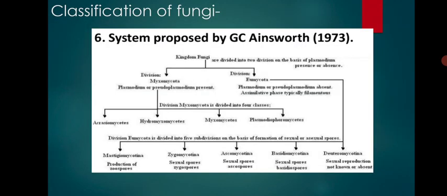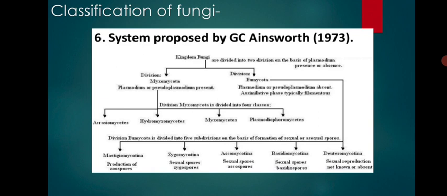Classification of fungi. The kingdom fungi is divided into two divisions, namely Myxomycota and Eumycota. Myxomycota means presence of a plasmodium or pseudoplasmodium, and Eumycota means absence of a plasmodium or pseudoplasmodium. Division Myxomycota includes four classes: Acrasiomycetes, Labyrinthulomycetes, Myxomycetes, and Plasmodiophoromycetes.